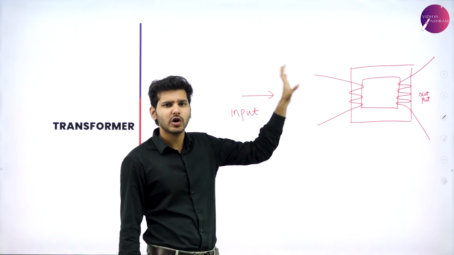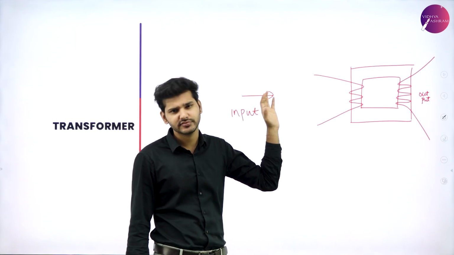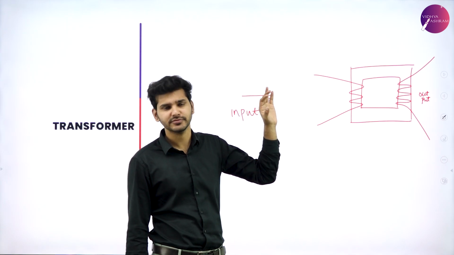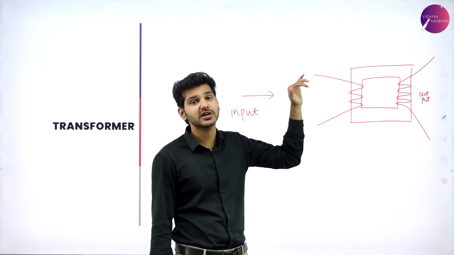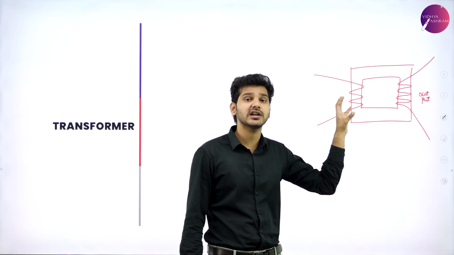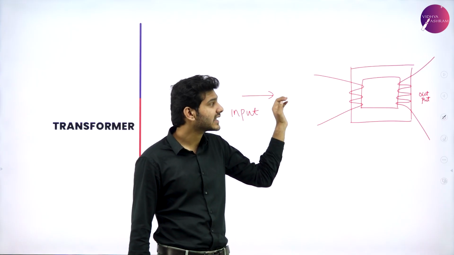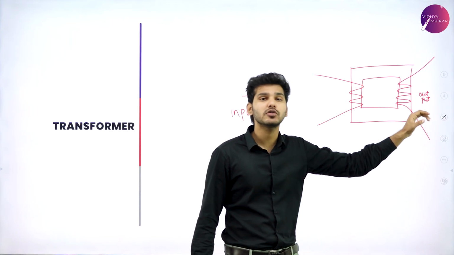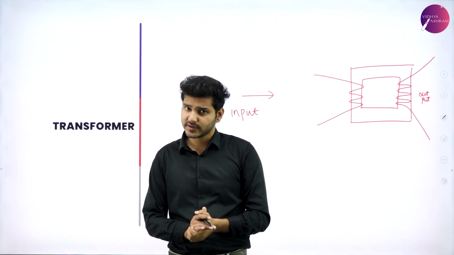If the current is high, the voltage should be low to have a stable power output. So when current is having a high value, the transformer will make it into a low value, which means the voltage will be lower in the input and in the output, the voltage will be higher. Simply, that is what a transformer does.